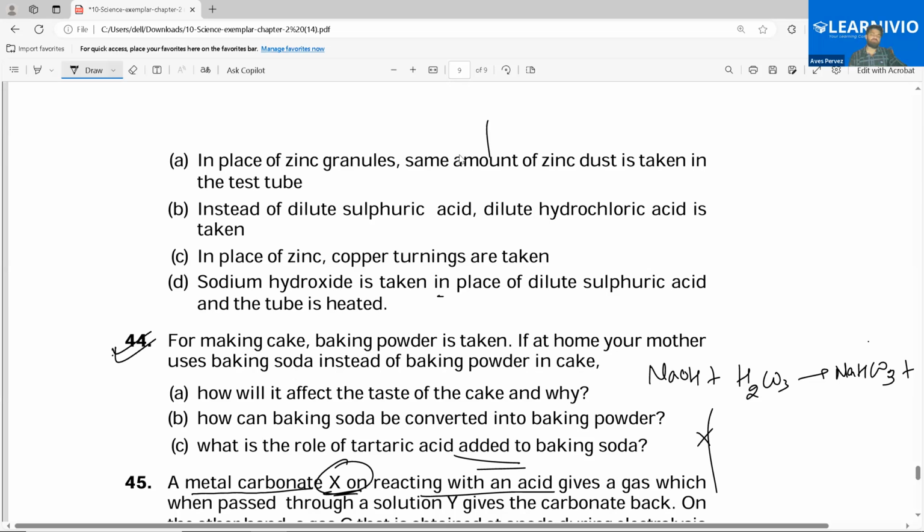Okay, this is only one part. The second part is very important: it converts it to baking powder. It helps in the elimination of carbon dioxide, because when metal hydrogen carbonates react with acid, they produce carbon dioxide. This carbon dioxide gets trapped in the dough, making the bread fluffy. Okay, understood, Aisha? Yes, sir, we have done this one in the notebook. Next.